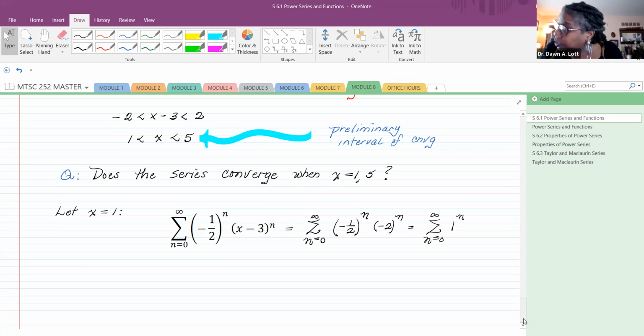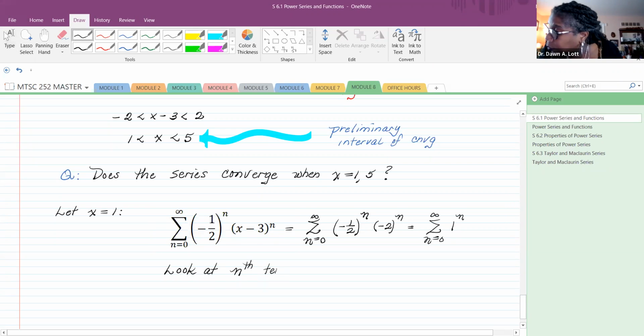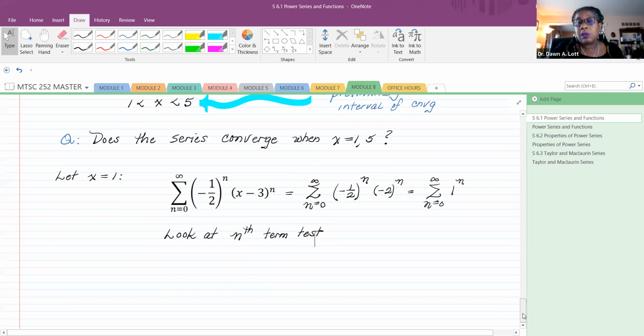So this series just adds up 1 plus 1 plus 1 plus 1 plus 1. So this series diverges. Let's look at the nth term test. 1 to the n, for the most part, is simply just 1.